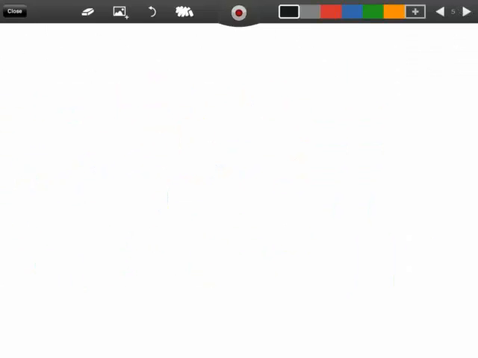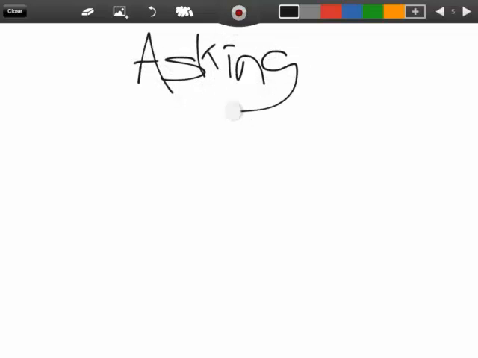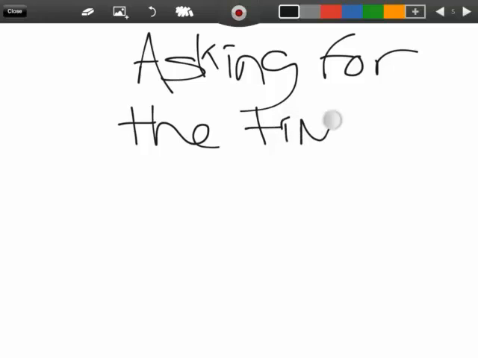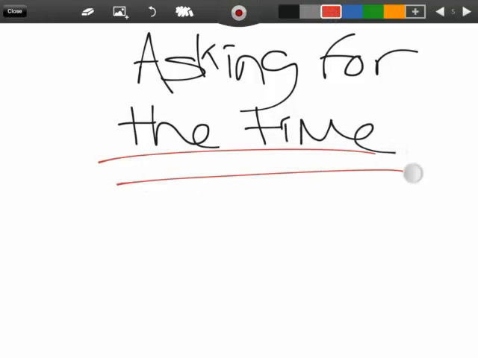Now, moving on to our next section, asking for time. You approach someone and you don't know what time it is. You want to ask them for the time. How would you ask them? Well, the common question forms we use to ask for time are what time is it, or what is the time? I'm going to go ahead and write that out for you.